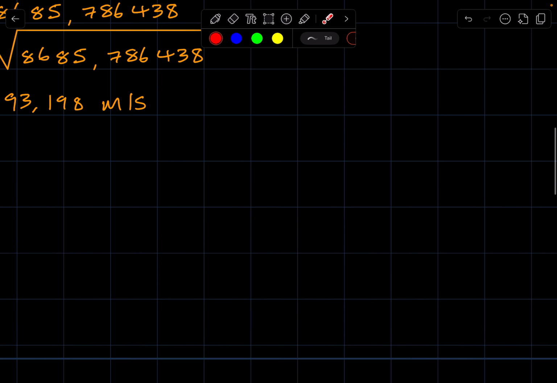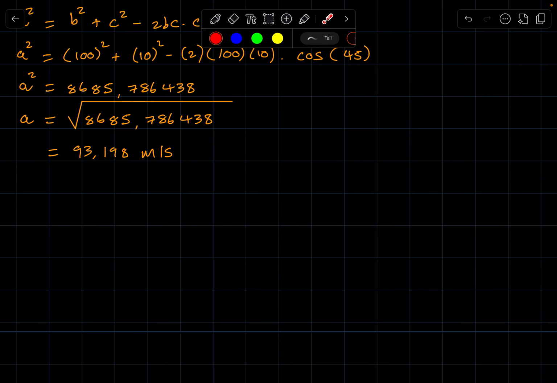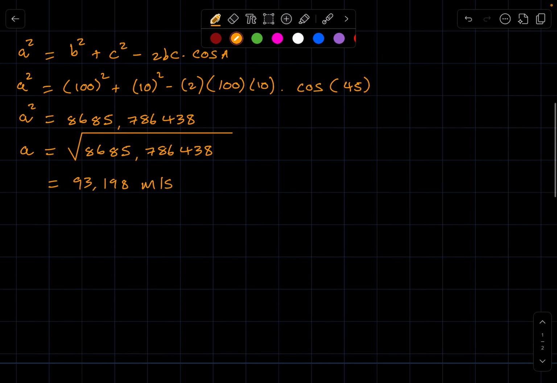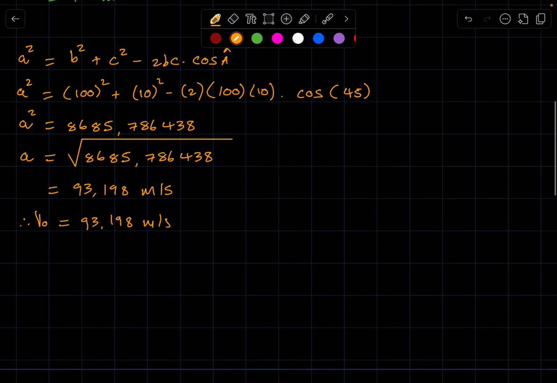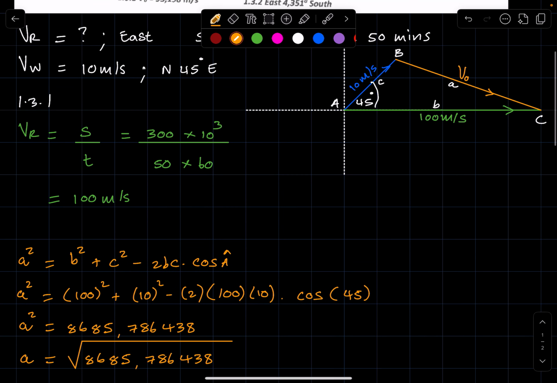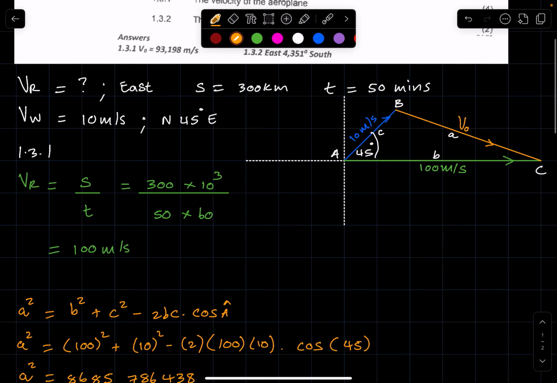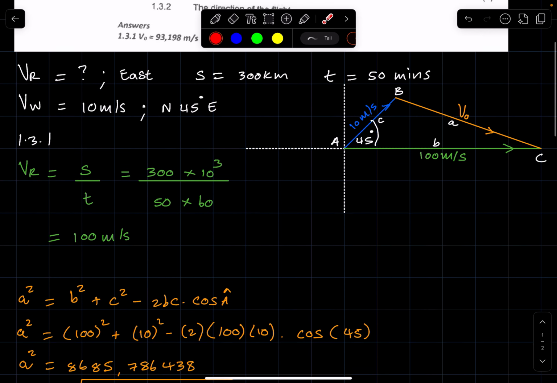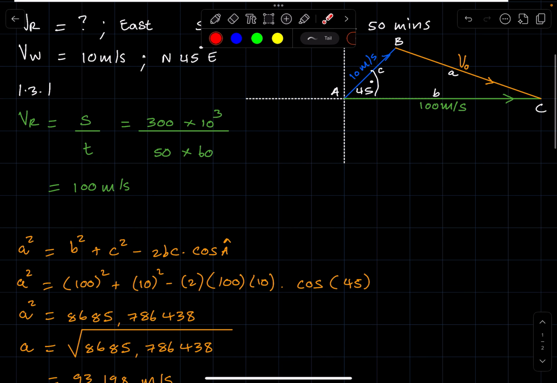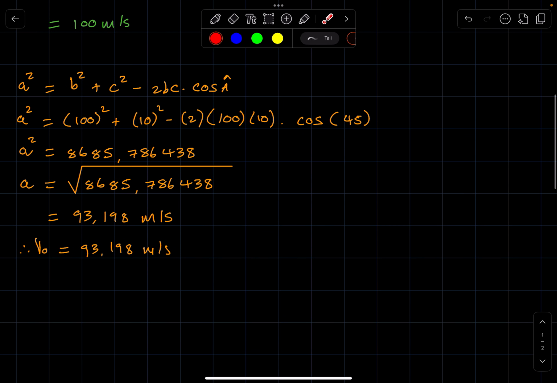Therefore meaning, remember that A represents VO, which means VO is equal to 93.198 meters per second. That's the magnitude of VO, the velocity of the aeroplane. That is the velocity of the aeroplane relative to the air.